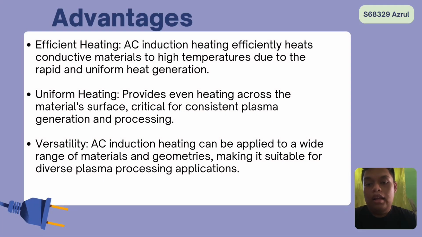Advantages: efficient heating. AC induction heating efficiently heats conductive material to high temperature due to the rapid and uniform heat generation. And second is uniform heating, providing even heating across the material surface, critical for consistent plasma generation and processing.